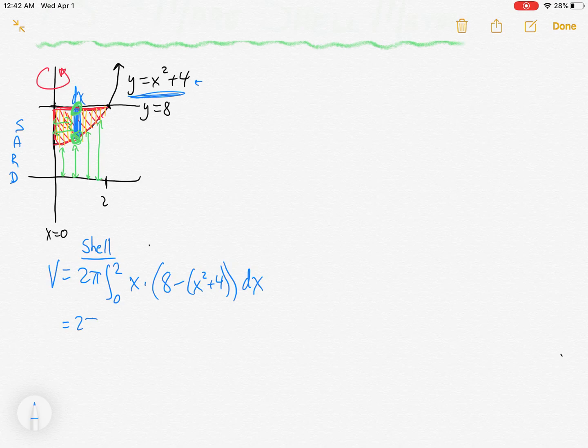Again, I don't want to spend a ton of time on integrating. I think this one is doable. This would be 8 minus x squared minus 4. Again, I know you can skip ahead, so I won't rush too much. This would be negative x cubed plus 4x.